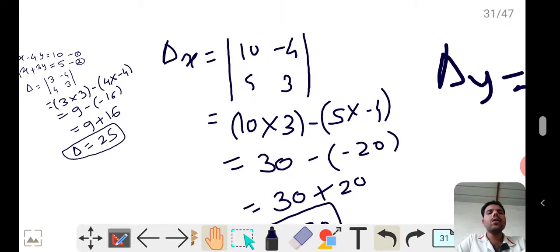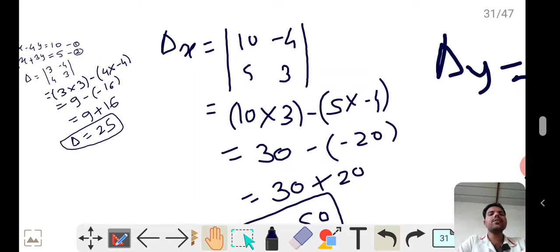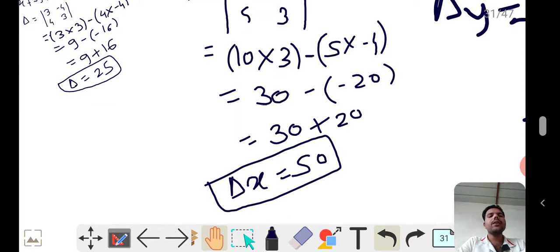Then we calculated the value of delta x by replacing the coefficient of variable x from both the equations by the constant terms. So we get the determinant 10 5, minus 4 3. We solved this determinant to get the delta x value, so delta x is equal to 50.